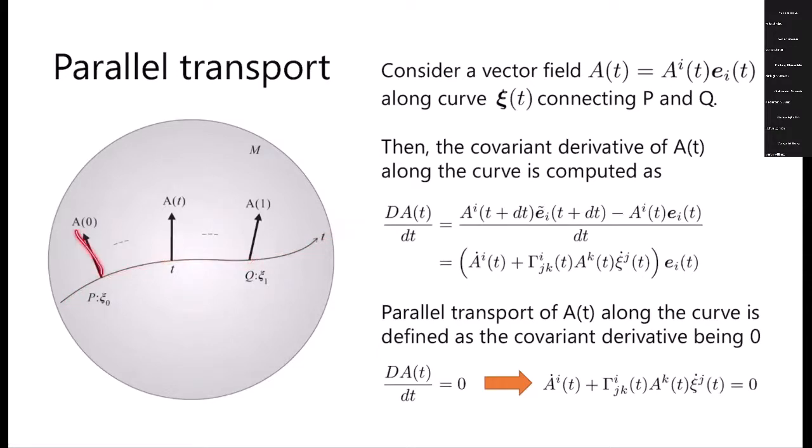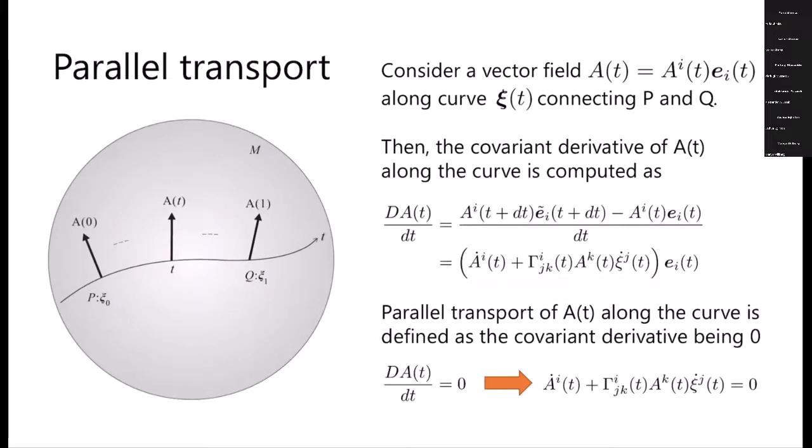So we consider some vector field, and then the covariant derivative of A along the curve is computed as something like this. Again, we use this affine connection here, and we can compute the covariant derivative with respect to t like this.